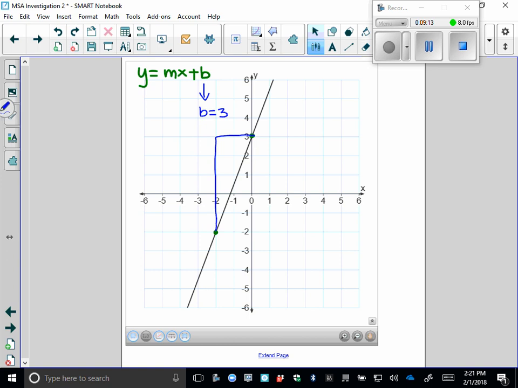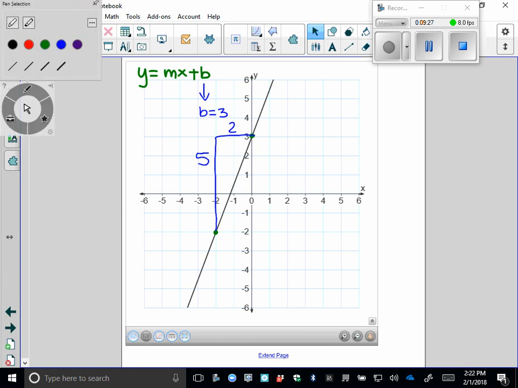And it goes up 1, 2, 3, 4, 5, and 2. You see that? So my triangle, remember how we were doing those little ratio tables, like comparing the y to the x and dividing them?